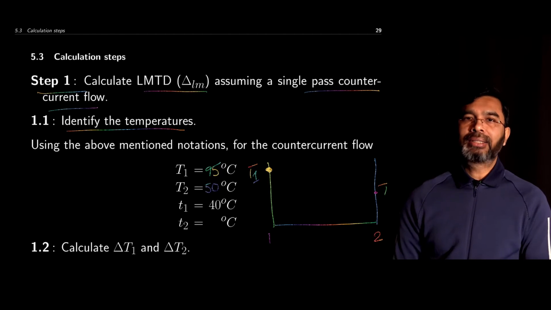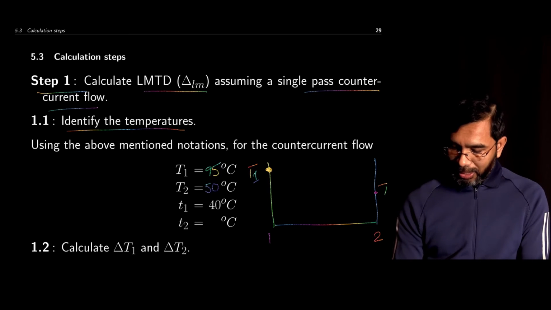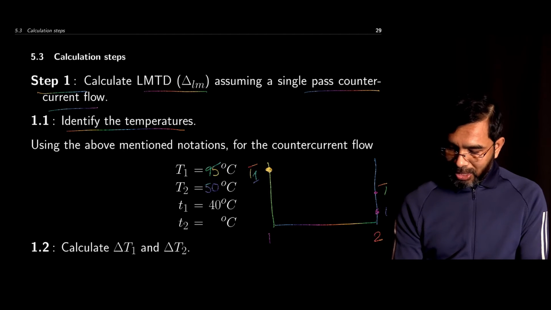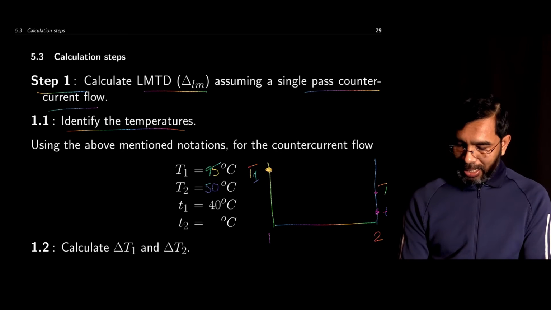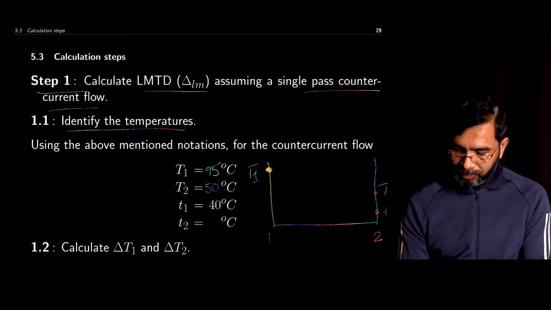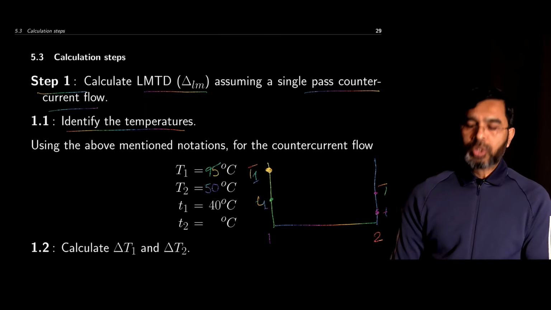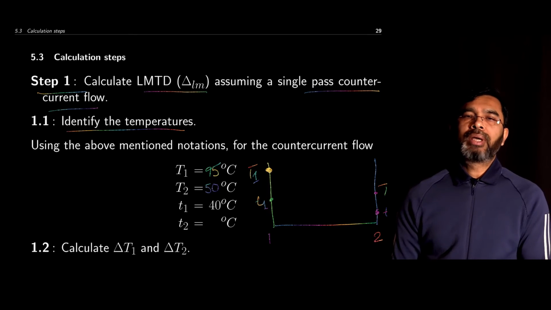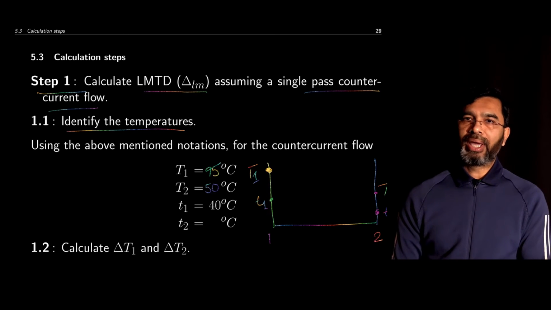Now for the cold stream, we'll consider counter current flow. So the cold stream is coming in on this side. So small t2 is the inlet temperature for the cold stream, and it goes out on the other side. Small t1 is the outlet temperature of the cold stream. So we'll use this notation. Do remember that in your books or some other references, there may be a different way to denote it.